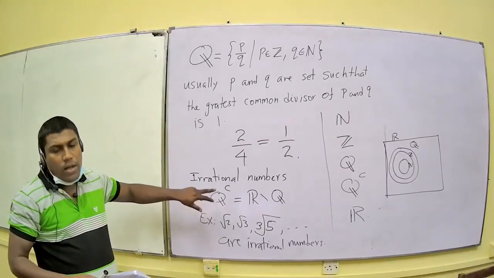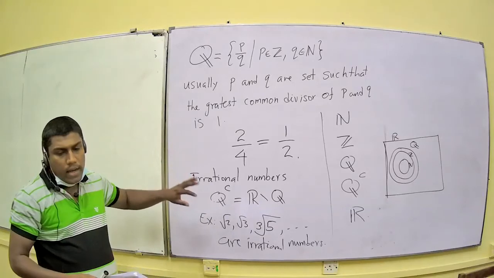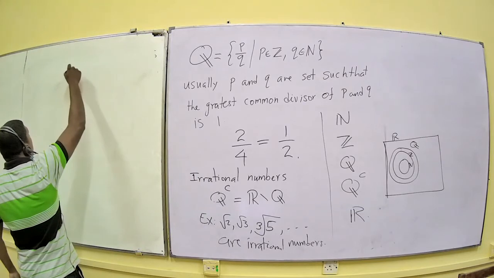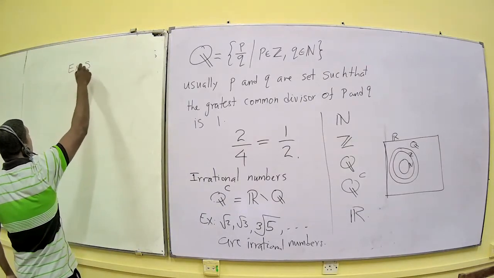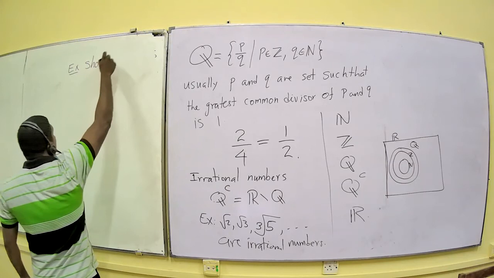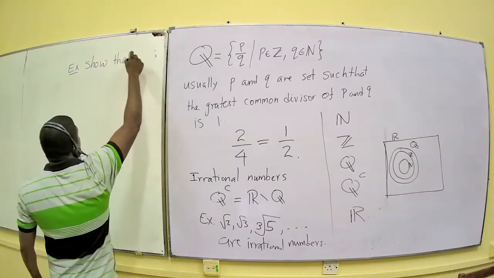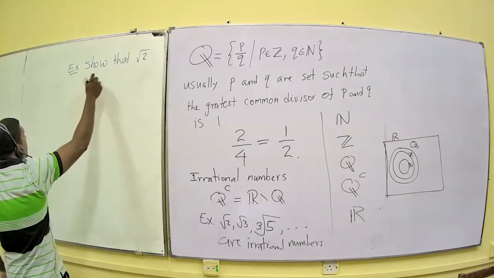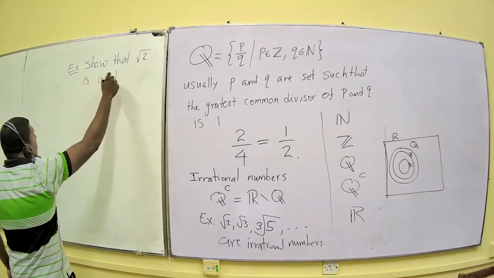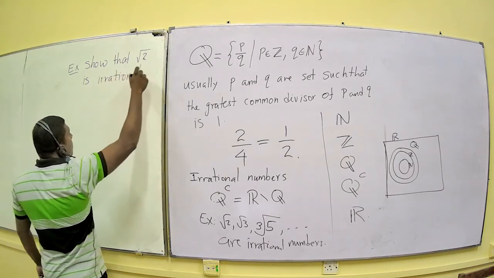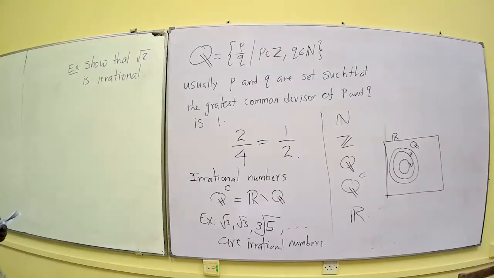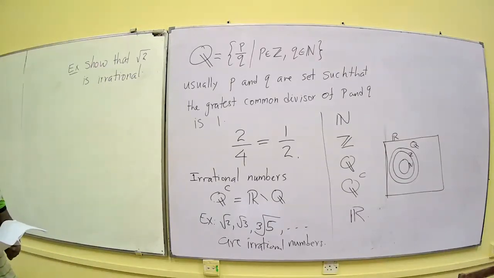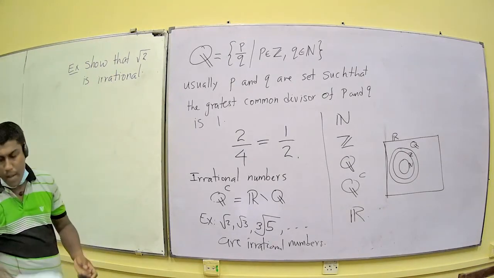That means you cannot write that number as a fraction. As an exercise, you try to show that square root of 2 is an irrational number.